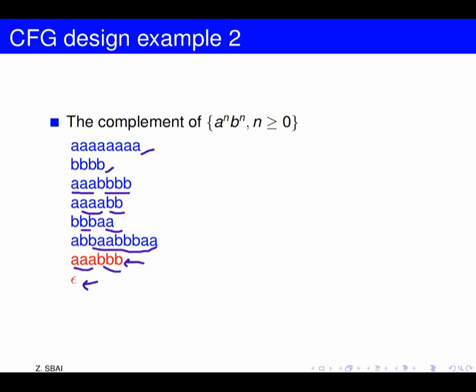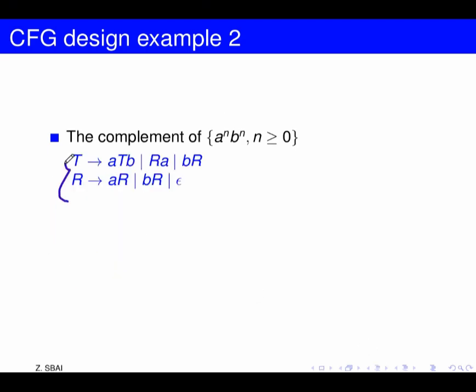So we need to write the rules that accept any string in the form of the blue strings, but that cannot accept these two types of strings. Let's say, for example, we have a variable T that will yield aTb, so that here we can say that there is a recursion on a in the beginning, b at the end, so it's in the form a to the n, b to the n.